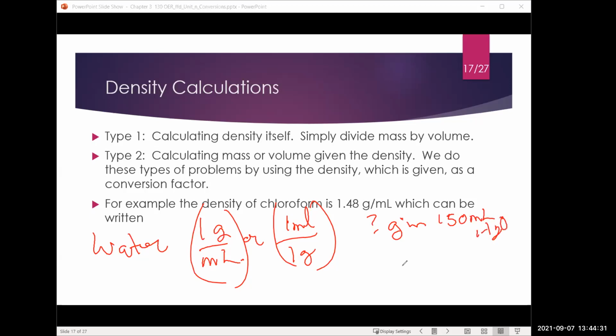I'm looking for grams, so grams needs to be in the numerator, because my milliliters are going to cancel. I write down 150 milliliters and use a conversion factor of 1 gram over 1 milliliter. Milliliters cancel, and I get 150 grams.